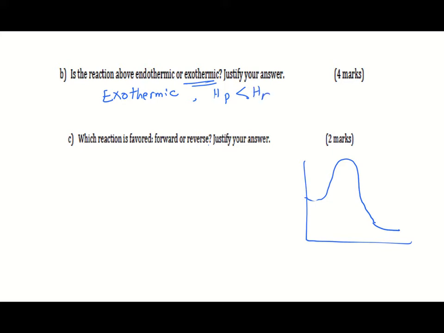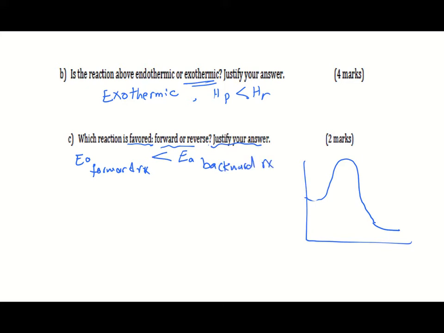Which reaction is favored, forward or reverse? Justify your answer. You know that in the case of an exothermic reaction, the activation energy in the forward reaction is less than the activation energy in the backward reaction.